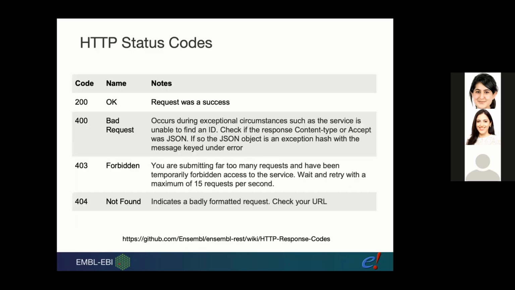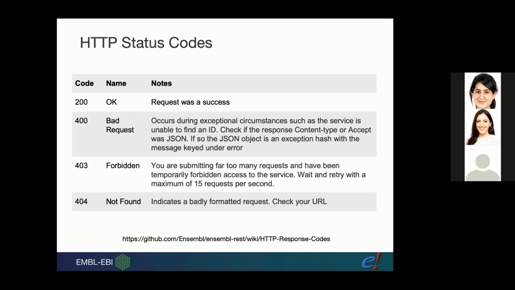And then we also have the other different status codes. For example, 200 means that your request was successful, and everything else other than 200 would mean that something went wrong. 400, for example, means that your parameter was wrong, so perhaps you asked for a gene stable ID which is not found in the database. 403 means you probably made too many requests.